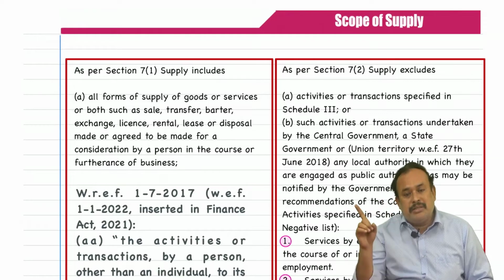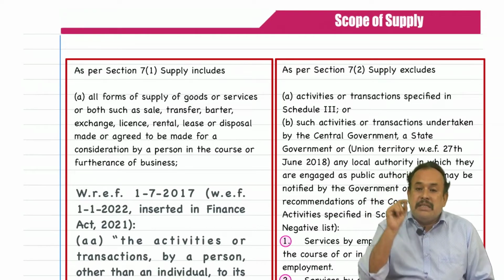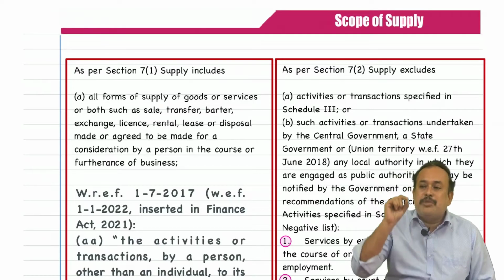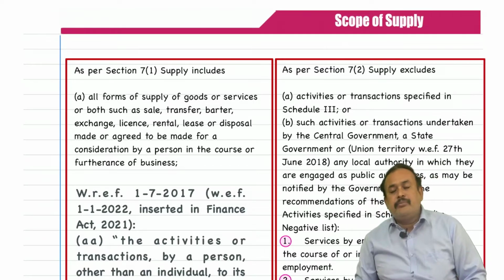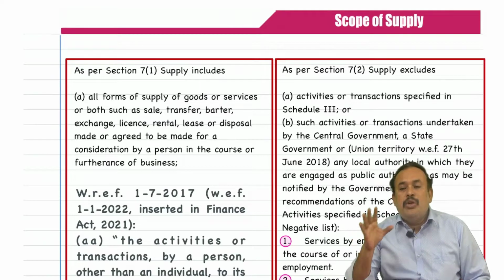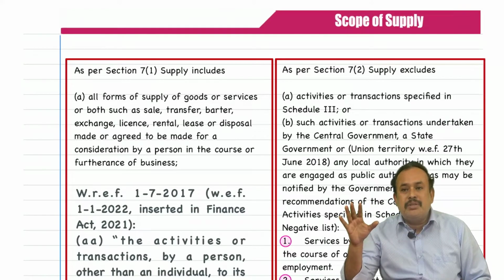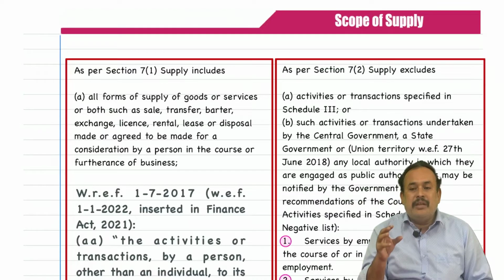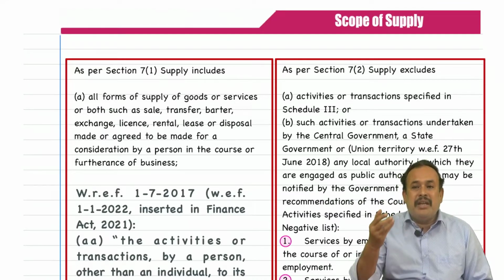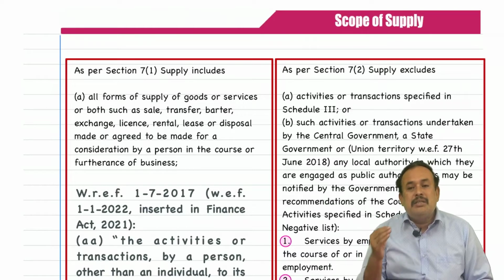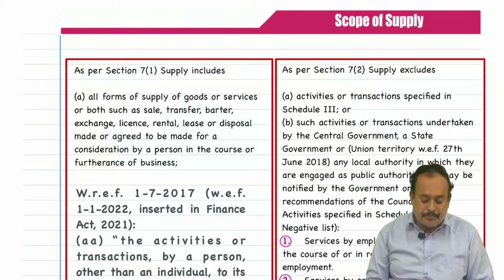Schedule 1 transaction. Section 7, subsection 1, clause A speaks that transaction as specified in Schedule 2, what is supply of goods, what is supply of services, in case where there is an ambiguity in application, we came across by discussing Schedule 2 in the last class.